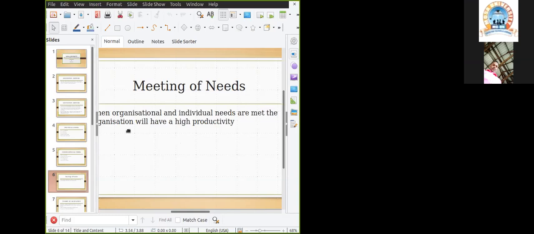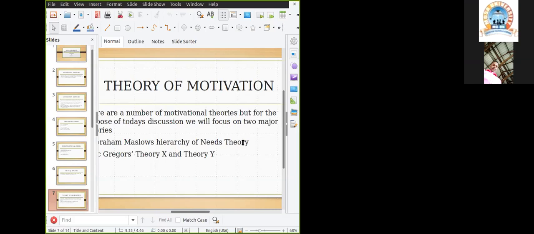In order to appreciate motivation even further, or at a depth, it is important to look at what are known as theories of motivation. So in this world of ours, there are a number of important theories of motivation that have helped organizations to have their employees to be fully motivated. There are a number of them, but for the purposes of today's discussion, I have picked two important theories of motivation.